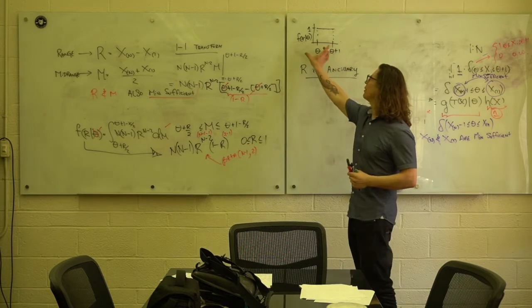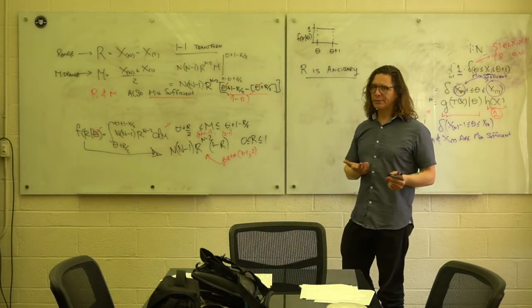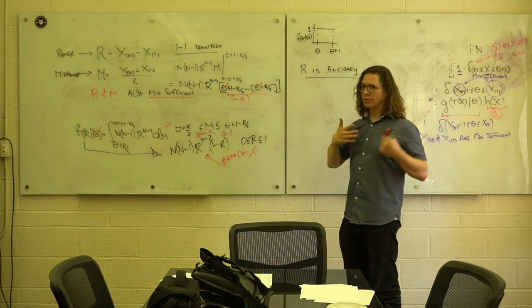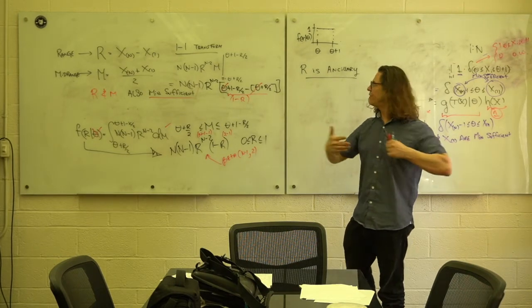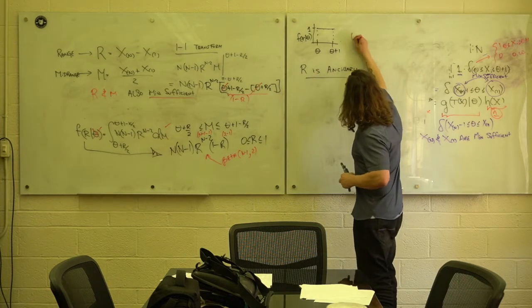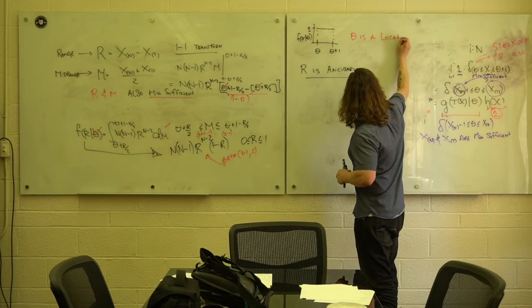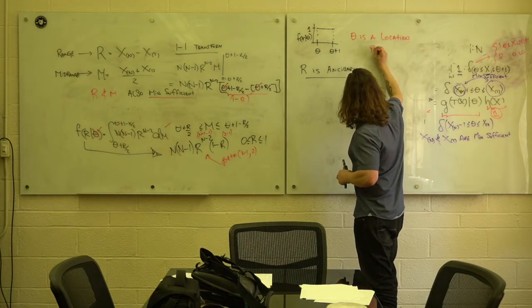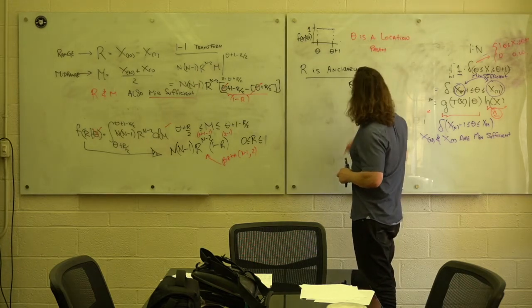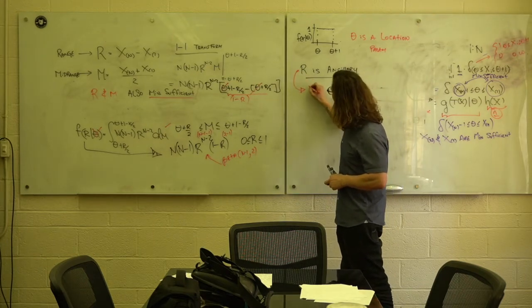We could have intuitively figured out the range was going to be ancillary because theta is a location parameter. It's telling us where this thing is shifted to. So this is just a uniform of unit length that is shifting by theta. R tells us about the scale.